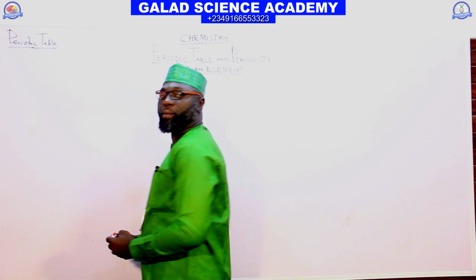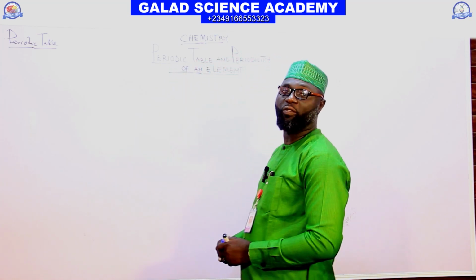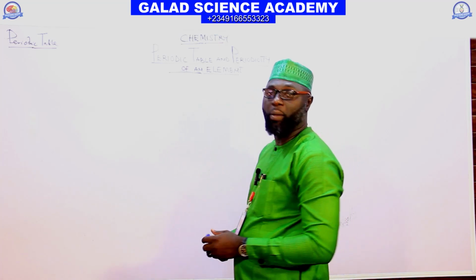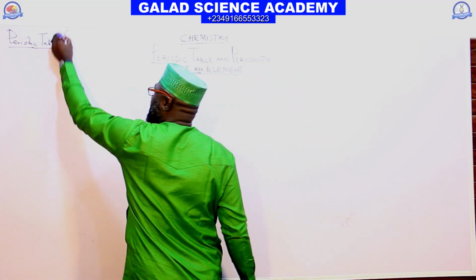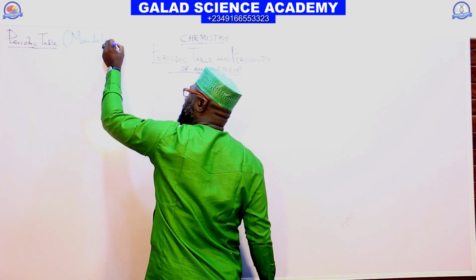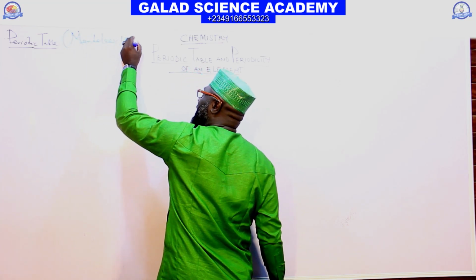The periodic table was first discovered by a Russian scientist. His name is Mendeleev, in 1869.